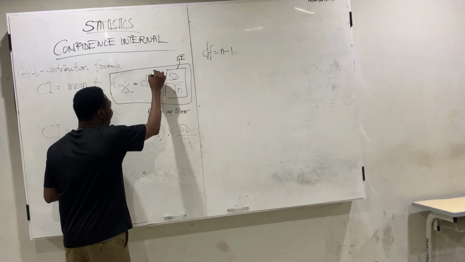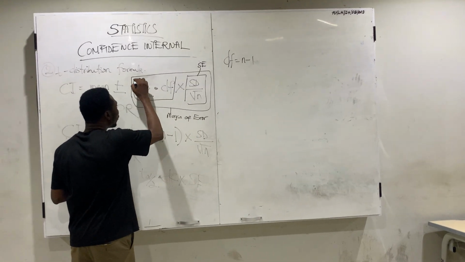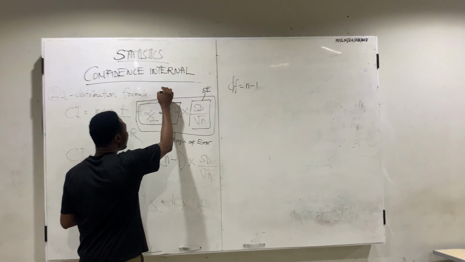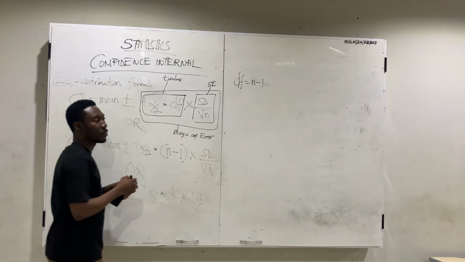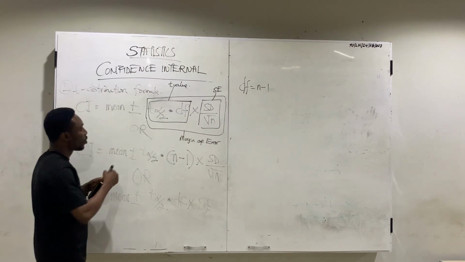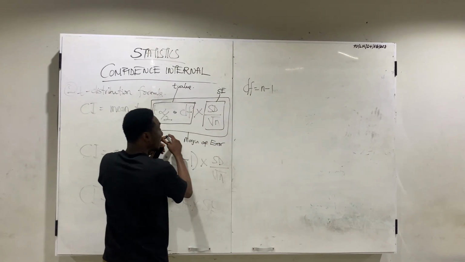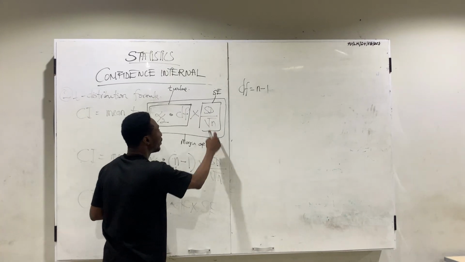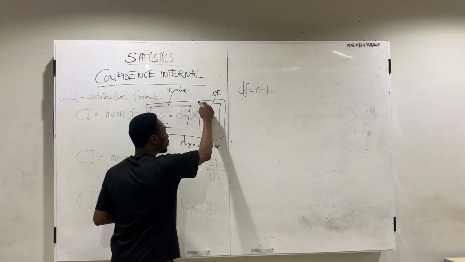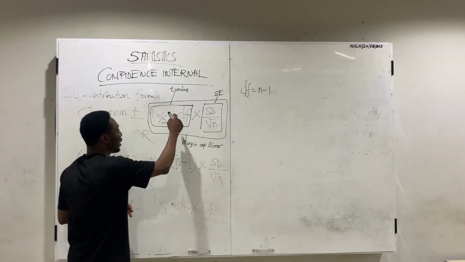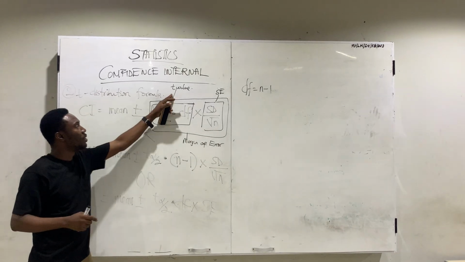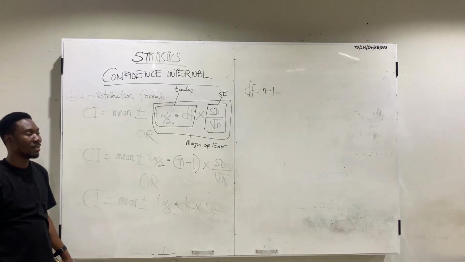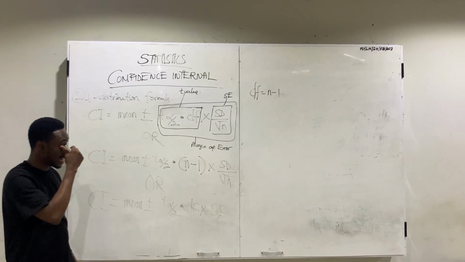And just this part of the formula alone will give you the T value. Is that okay? So that is the part of the formula.